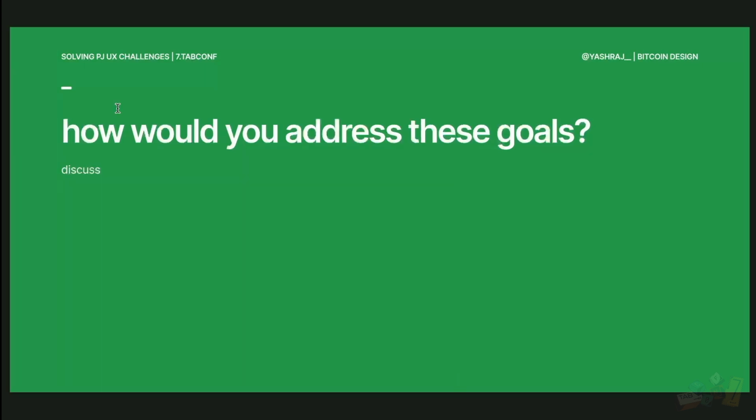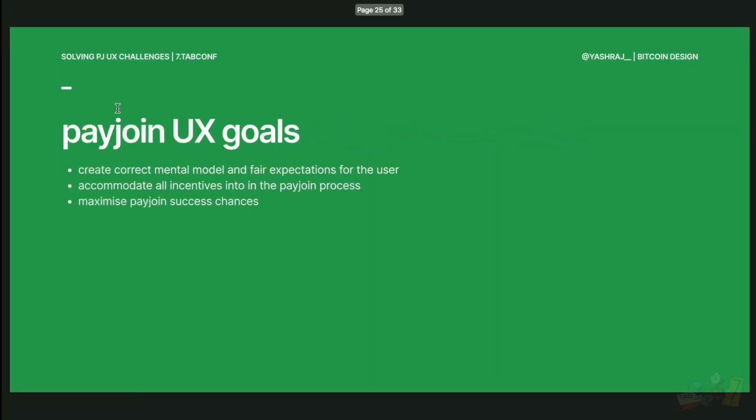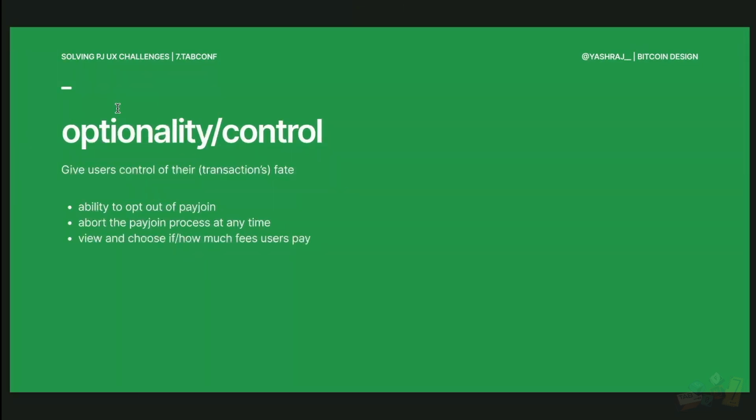To improve UX, give the user the option to opt out of the PayJoin. But what are some of the implications for the rest of the participants if you were to do that? Well, PayJoin has only two participants, not like a coin join, so that's good. I think this is where the scenario is going to come: the receiver shares a PayJoin invoice with the sender.